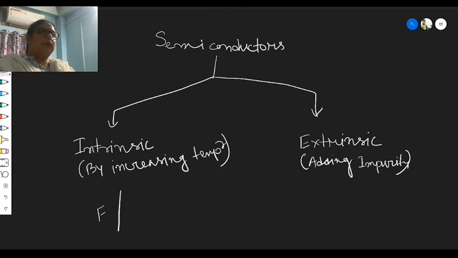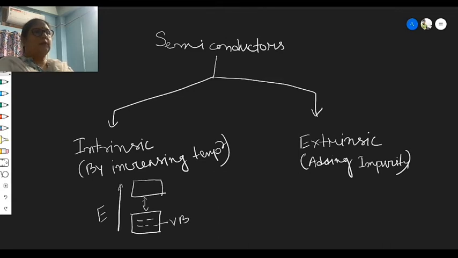So in case of intrinsic semiconductor, what happens when we increase the temperature? Now the energy gap between the valence band and the conduction band, now this is a semiconductor and we have a gap here, and the gap is not very large. This is the valence band, this is the conduction band, and this is the forbidden band or band gap.